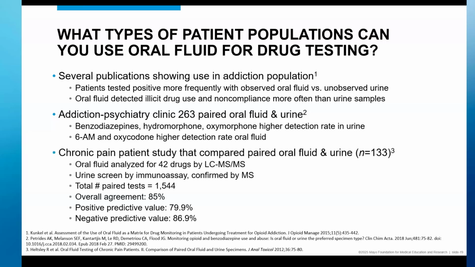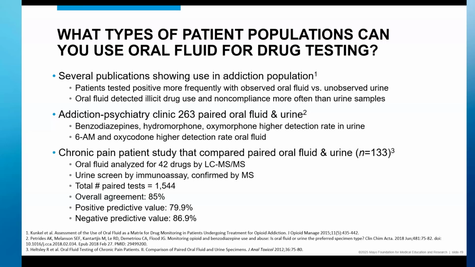In a chronic pain management study, they also compared a number of oral fluid and urine samples. They did analysis using LC tandem mass spectrometry for the oral fluid for 42 different drugs and used initially a urine immunoassay screening that was then confirmed by mass spec in the urine samples. They had over 1,544 samples. The point of me sharing this study with you is that overall, the two matrices are pretty complementary, meaning there was agreement between the two.